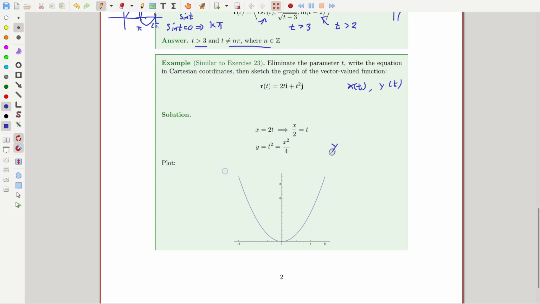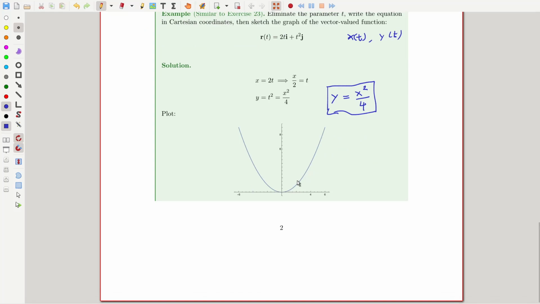That gives us the equation y equals x squared over 4. So this is the equation that we can plot. This is a way to express this vector valued function instead of in this parametric form in a Cartesian form. And of course, I sketched it below. And that's all I've got.